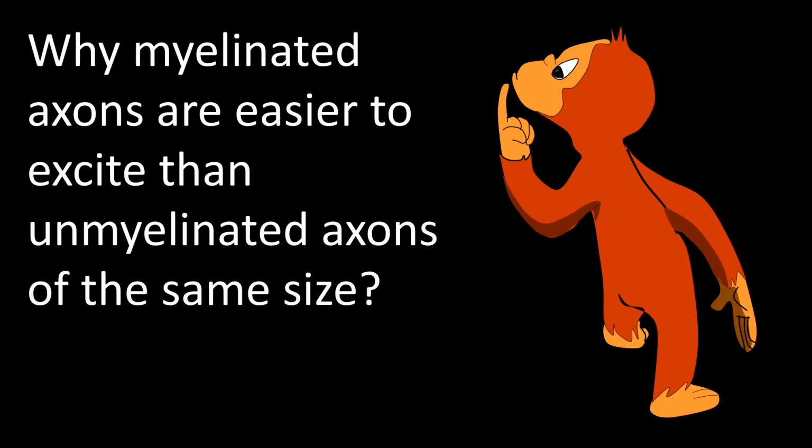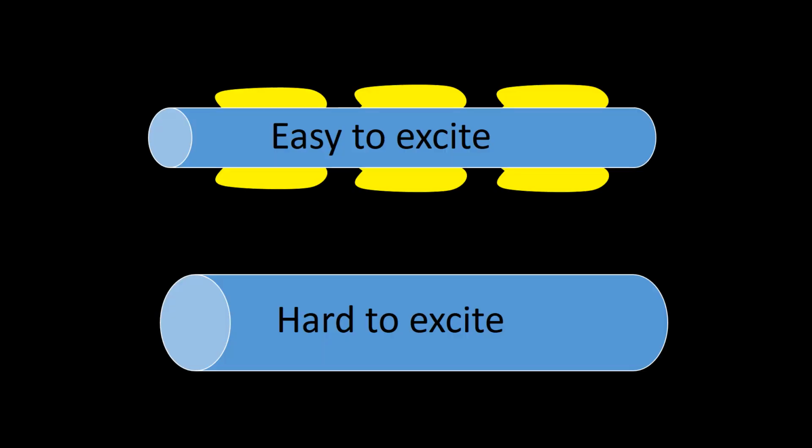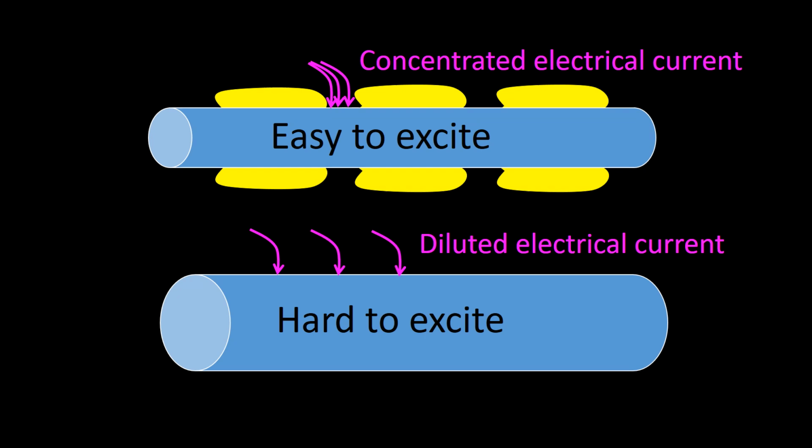Why are myelinated axons easier to excite than unmyelinated axons of the same size? The reason is that in myelinated axons, electrical current concentrates in the nodes of Ranvier.